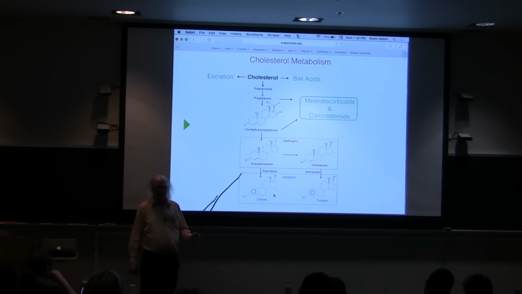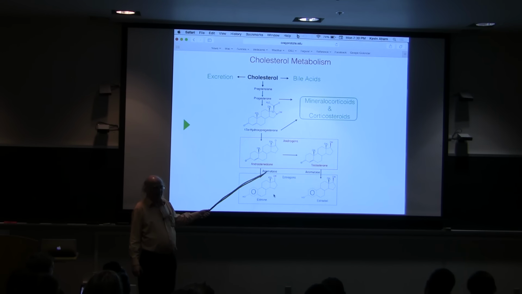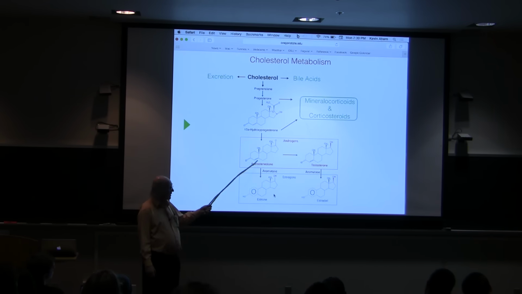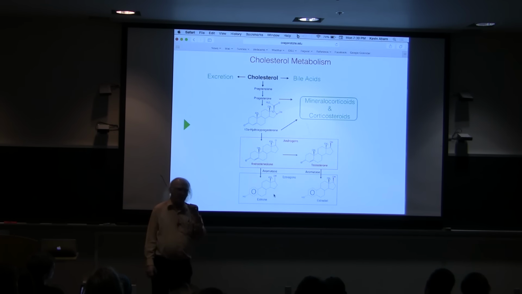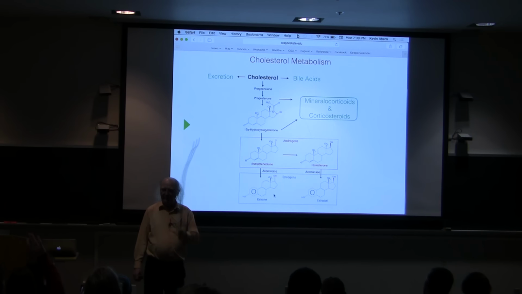Well, how do you then protect somebody or stop a tumor that has estrogen sensitivity? The way that you do it is you give them an aromatase inhibitor. Aromatase inhibitors stop this reaction, lower the levels of estrogen in the person enormously, okay, and stop the tumor from being stimulated to grow. So aromatase inhibitors are very important for that.